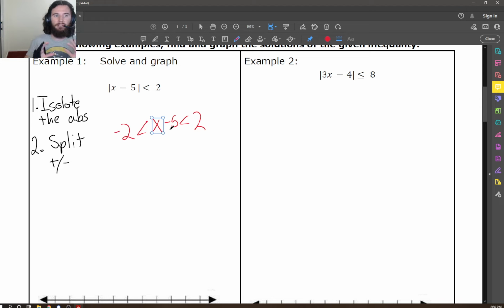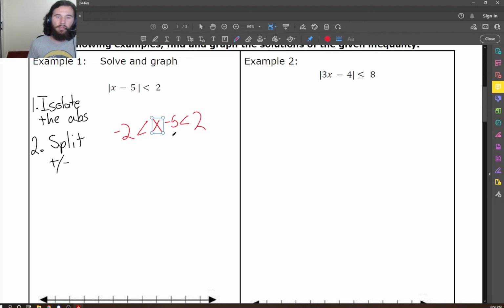Instead of writing two separate inequalities, I'm just going to write one compound inequality, where I take this value and put it on the left, and make sure the inequality symbols are facing the same direction. As long as you set it up like this, you'll be okay.